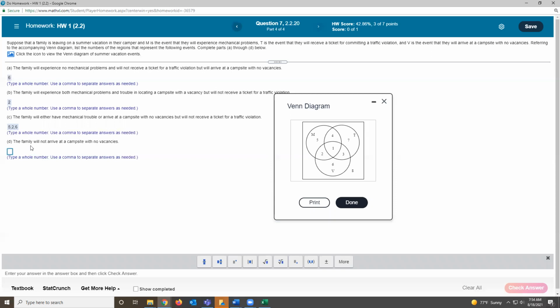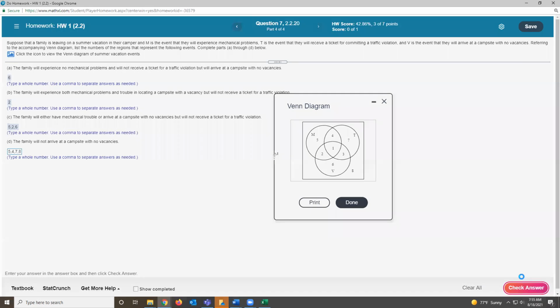So it's actually a roundabout way of saying V complement. So V is 2, 1, 3, 6. The complement of that would be 5, 4, 7, 8. And that finishes this first homework.